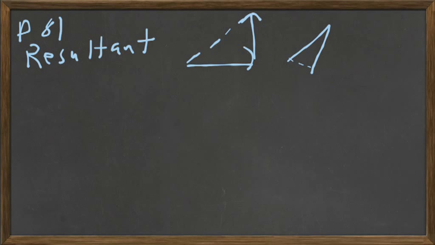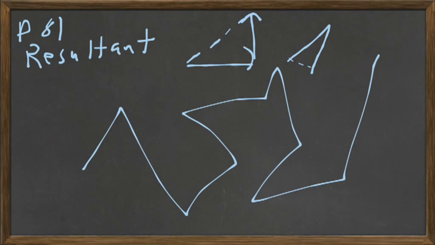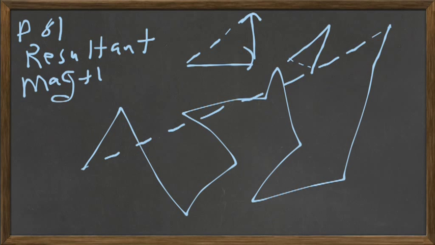And it can be the sum of 50 vectors. It doesn't really matter. What's the resultant? Where did I start, and where did I end? And all resultants, because it is a vector, must have a magnitude and a direction.